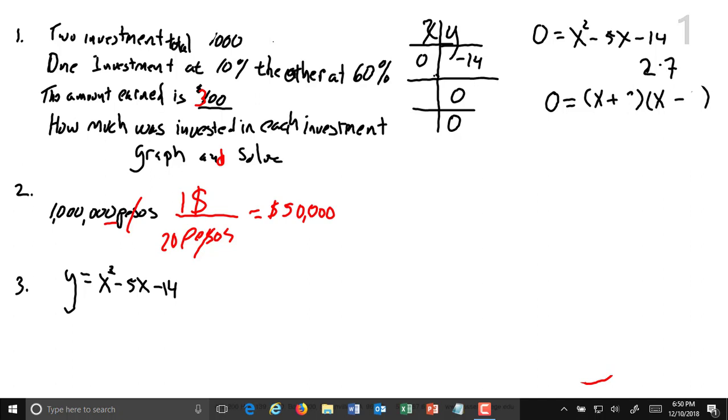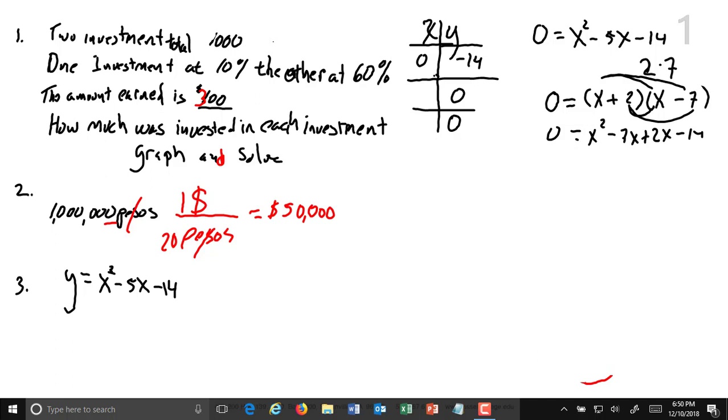So if I put a 2 and a 7 and test it out, that's going to be x squared, and a minus 7x, and a 2x, and a minus 14. So we see that this does in fact get back to where it was.